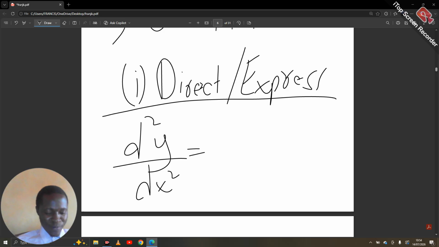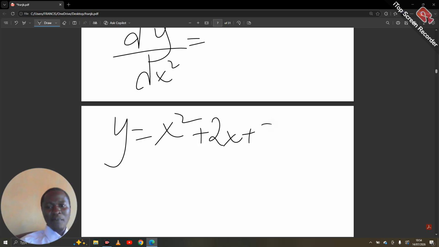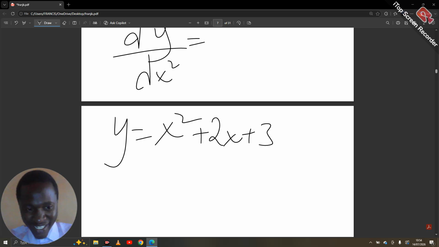Let's take this example. Identify the stationary points on the curve y equals x squared plus 2x plus 3 and state their nature.